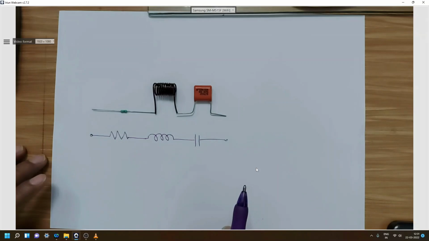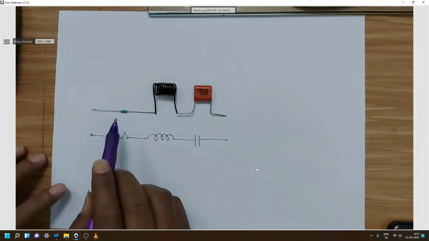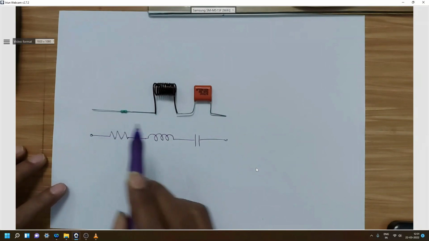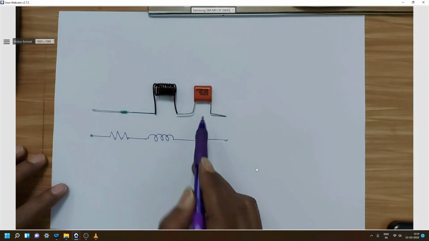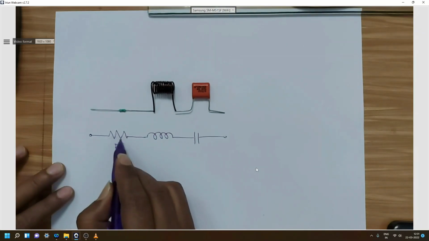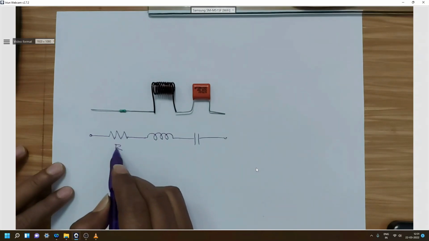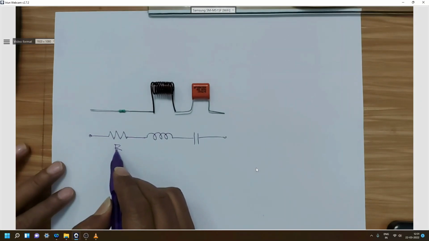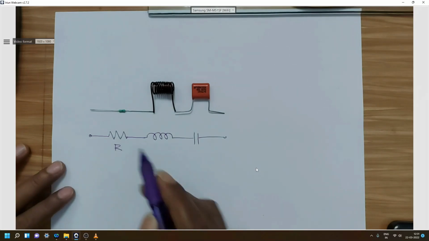Whenever we go for developing the RLC circuit in the practical field or in the laboratory, we need to collect the practical components for R, L and C. Whatever is written on the paper is the symbol and the alphabet representing resistance.